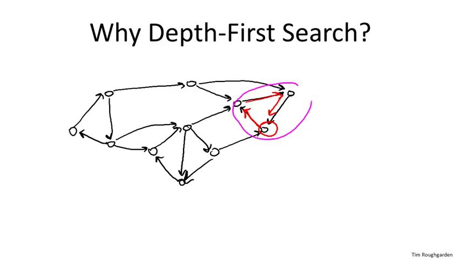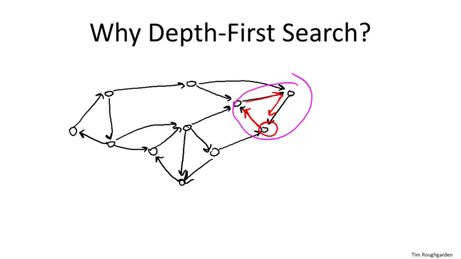What's interesting is that if we invoke DFS from this red node, or any of the three nodes from this triangle, then it's going to discover precisely this strongly connected component, precisely the three nodes in this circled SCC. So that seems really cool. It seems like maybe we just do a DFS and boom, we get an SCC. So maybe if we can do that over and over again, we'll get all the SCCs. So that's a good initial intuition, but something can go wrong.